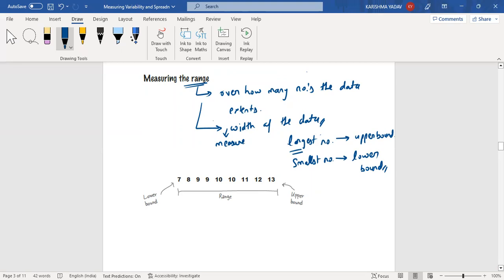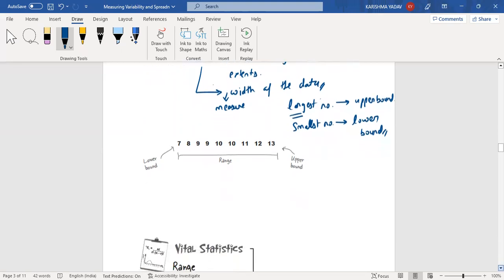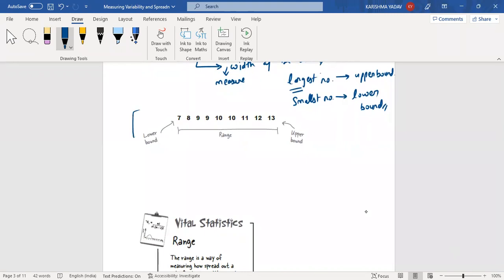Let's see this by an example. I have this data set, arranged in ascending order. What is the lowest value, the lower bound? That is the smallest number. 7 is my smallest number here, so this is my lower bound. And 13 is the largest number here, so this is my upper bound.